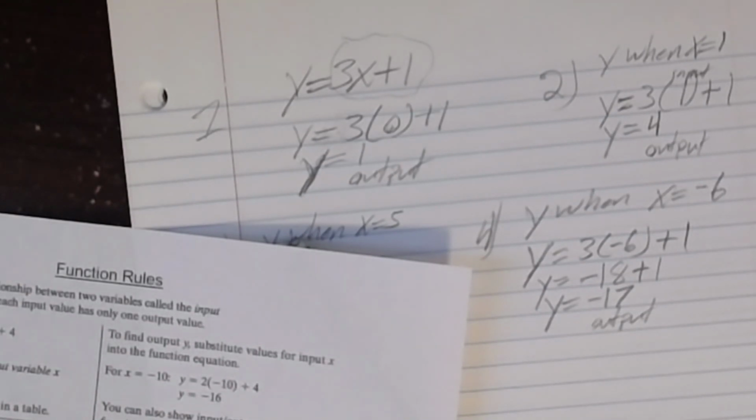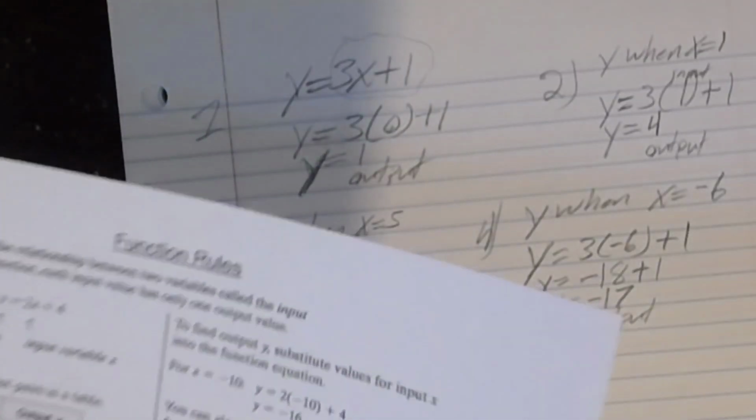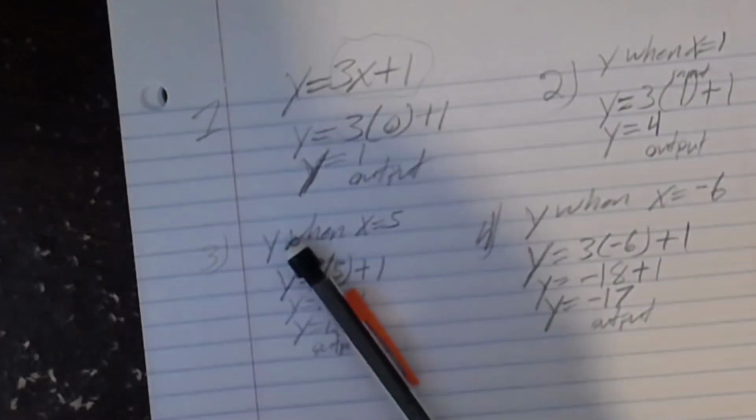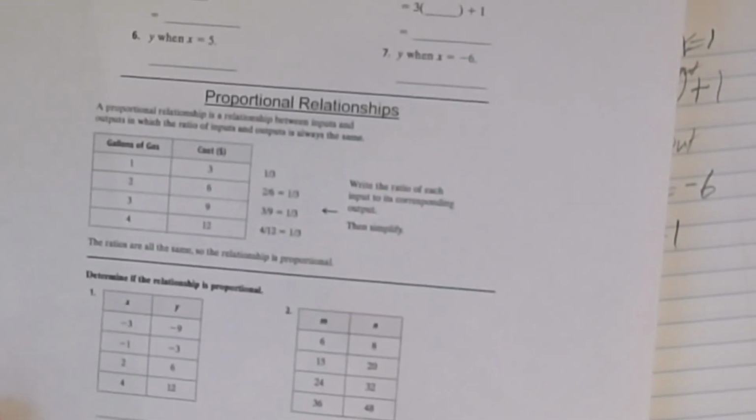I guess we can talk about the next part. Might as well. Okay, we're going to be talking about proportional relationships. Basically, what proportional relationship means is, it says it right here in the definition: a proportional relationship is a relationship between inputs and outputs, in which the ratio of inputs and outputs is always the same.